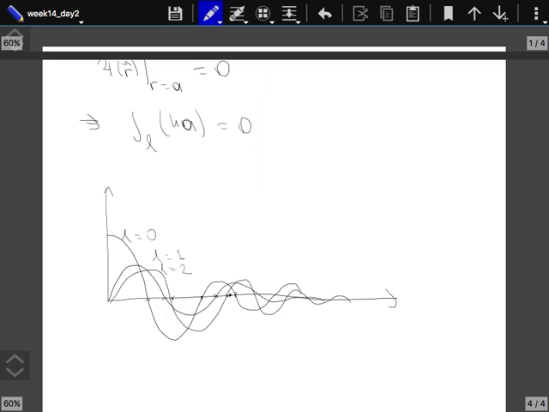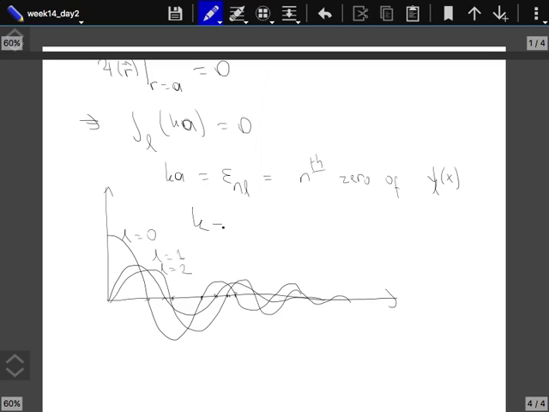This tells me that, first of all, ka should only take discrete values. Let's say ka should be equal to epsilon_nl, the nth zero of j_l(x). The Bessel function j_l will have infinitely many discrete zeros, and the nth zero I just call epsilon_nl.